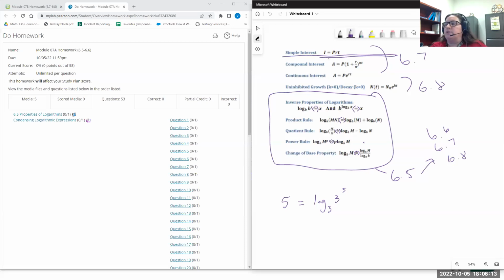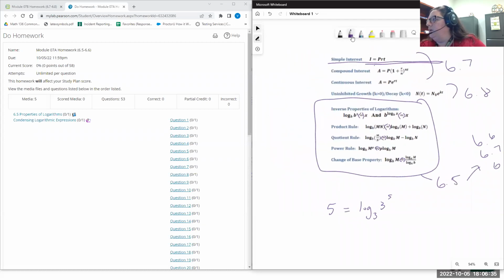The other thing, of course, is don't try to make up your own rules. It's not like somebody said, I'm going to make up logs and make up the rules that determine how logs work. It's more like somebody said, I'm going to make up logs as the inverse of exponents. You have the laws of exponents that are determined by the definition of exponents. A power means that you're multiplying that thing together that many times.